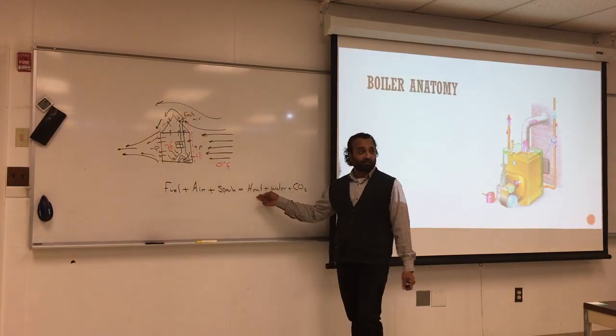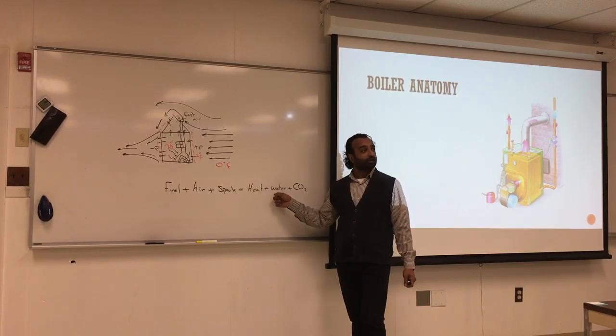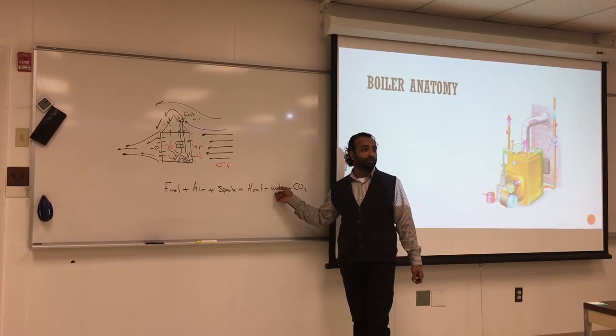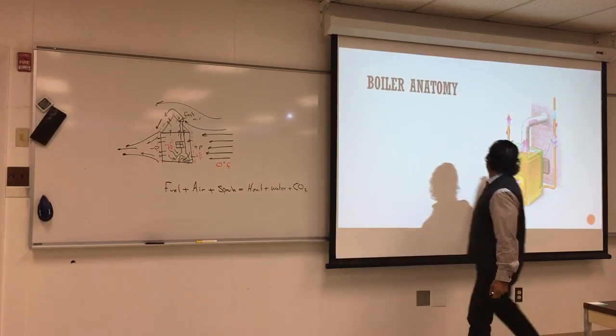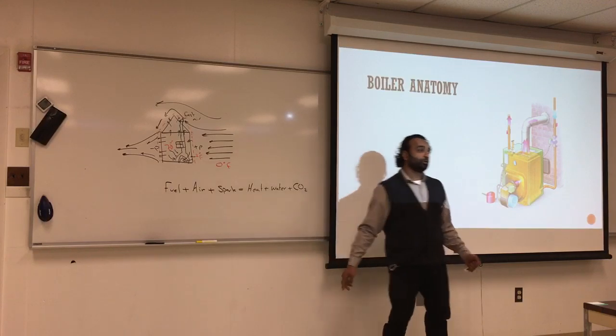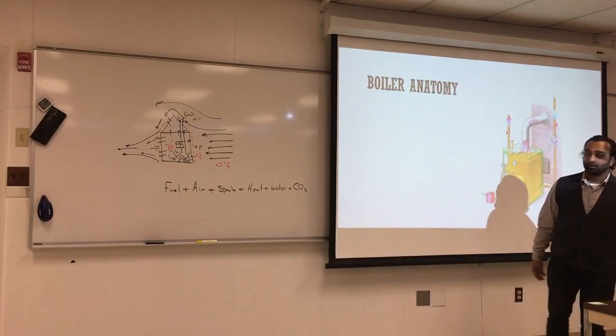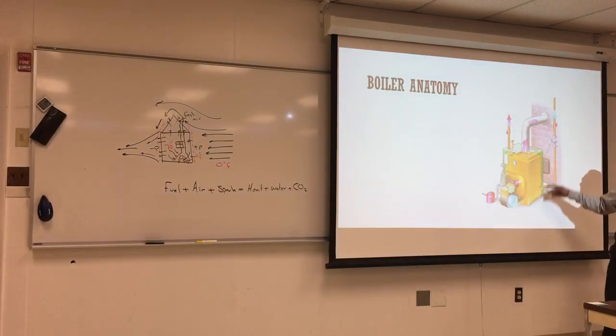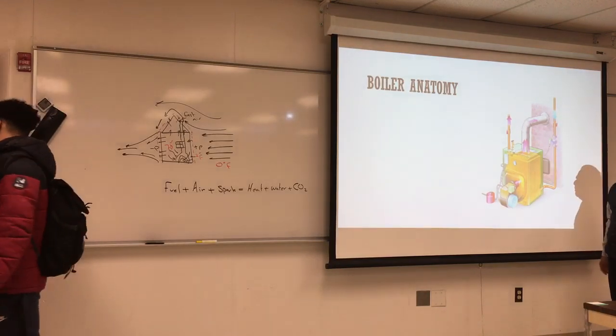Then we're supposed to be getting heat. That's what we want, so we're trying to absorb all the heat we can. Then we get water product, which we don't really want, so that goes out through the flue pipe. And we have CO2, which we also don't want because we're not going to breathe that. So it will go in the flue pipe again.